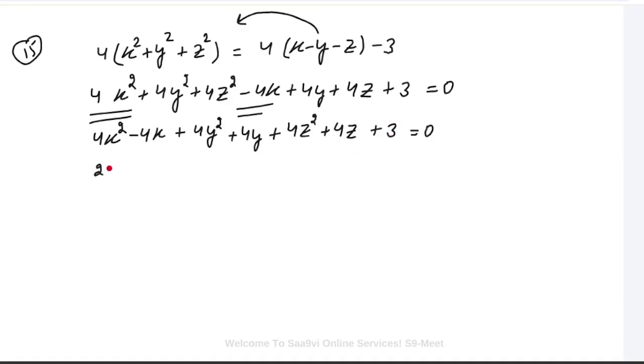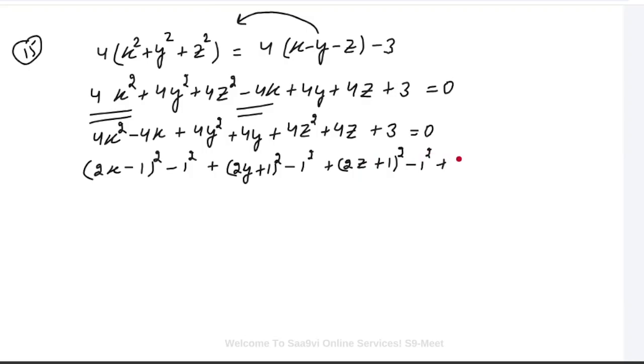Now we can write this as (2x minus 1) whole square minus 1 square, plus (2y plus 1) whole square minus 1 square, and again plus (2z plus 1) whole square minus 1 square, plus 3.